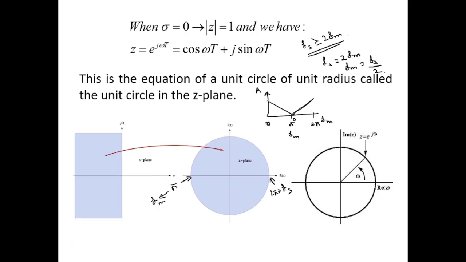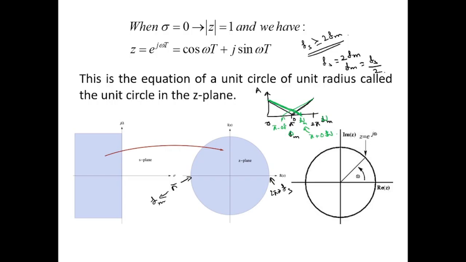But what happens if our fm is greater than fs by 2? In that case, our fm will be in this form or somewhere over here, but there should be a mirroring effect. So due to that mirroring effect, what is happening? So this is say pi plus delta f, and here we will be having pi minus delta f or delta omega, because in radians it will be omega.